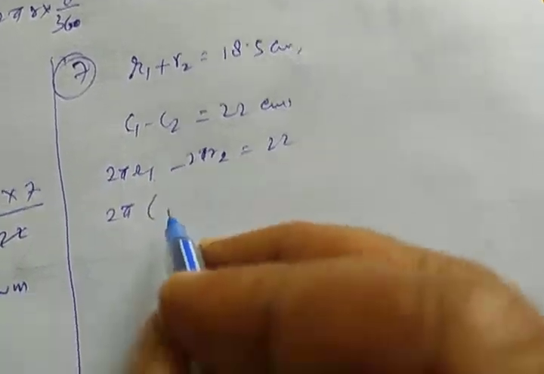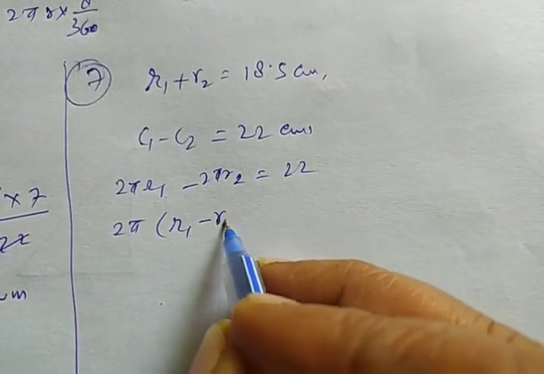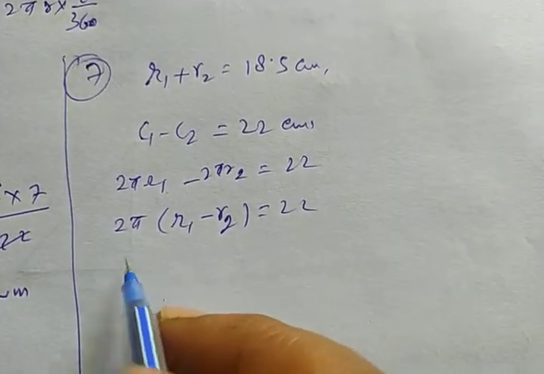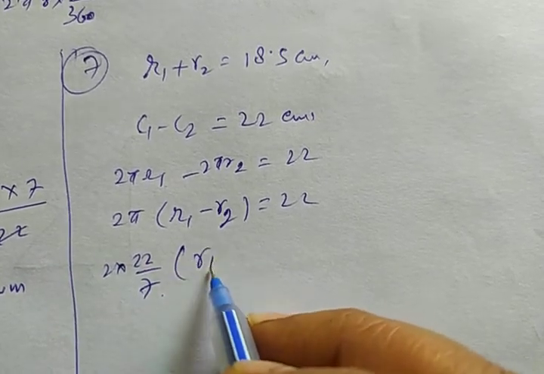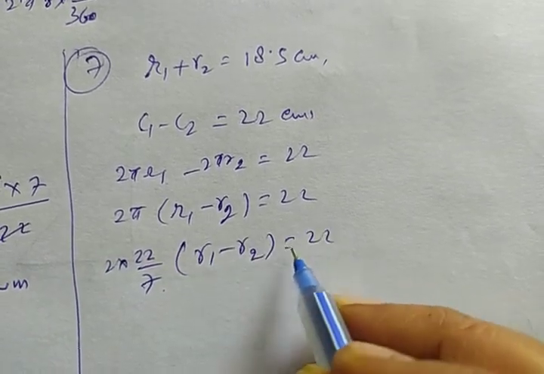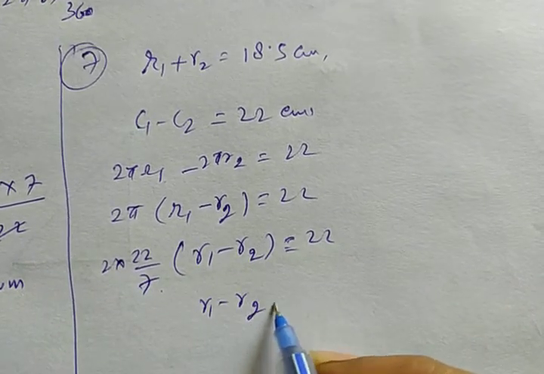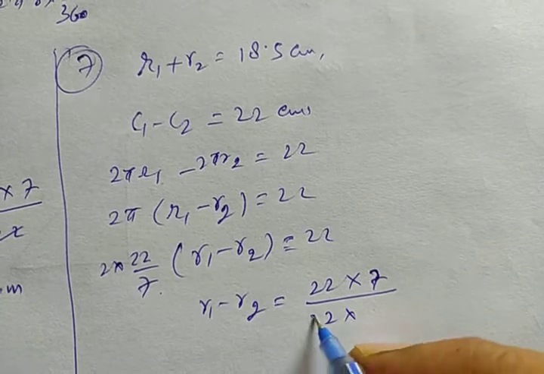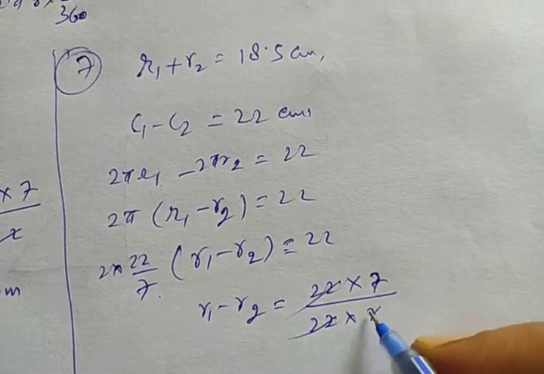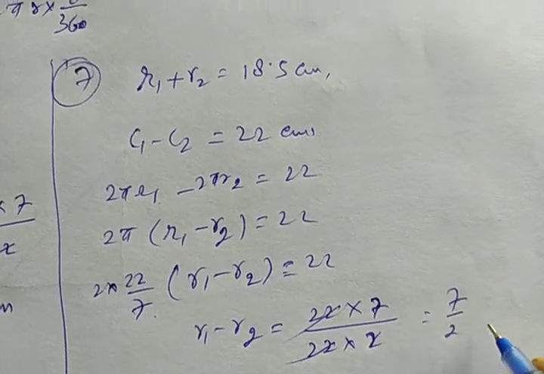Take 2 pi common, r1 minus r2 is equal to 22. 2 into 22 upon 7, putting the value of pi, r1 minus r2 is equal to 22. r1 minus r2 is equal to 22 into 7 upon 2 into 22. Cancelled, that is 7 upon 2.